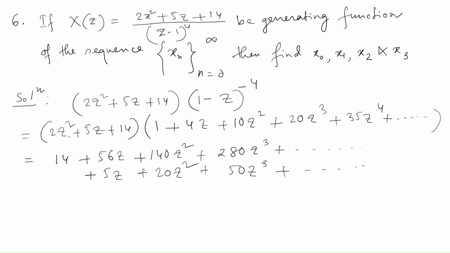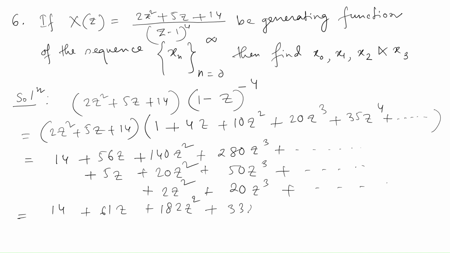Next with 2z square, so plus 2z square, then 8 z cube and so on. So if we add them, then we are getting 14 plus 61 z plus 182 z square plus 338 z cube plus so on.